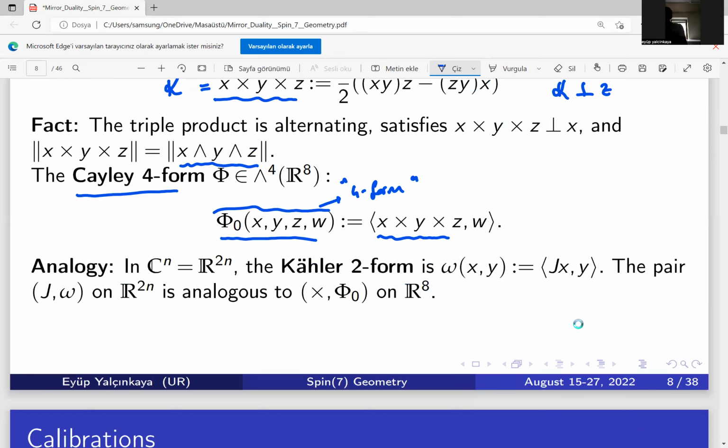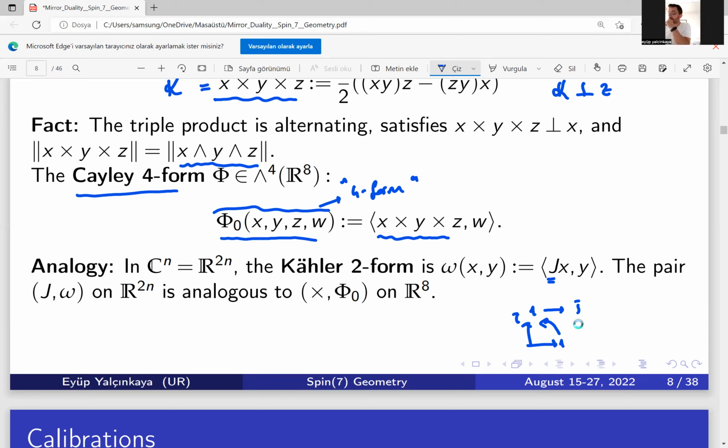If you know J: in complex geometry, each element is sent to its imaginary part, so it's actually a rotation by pi/2. The octonion geometry is the analog of the complex and Kahler geometry.